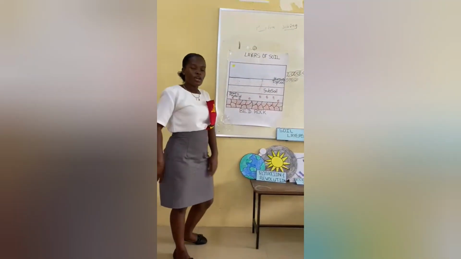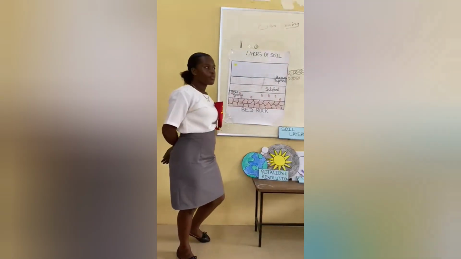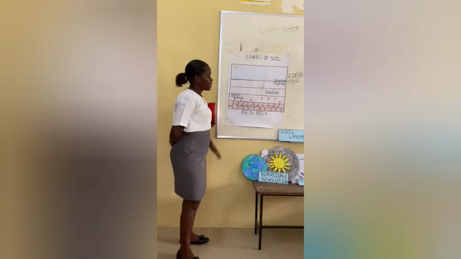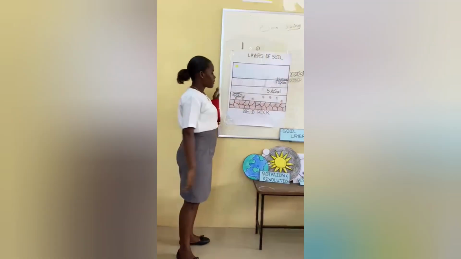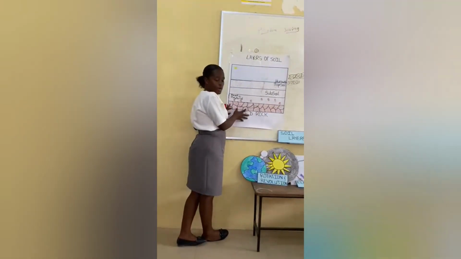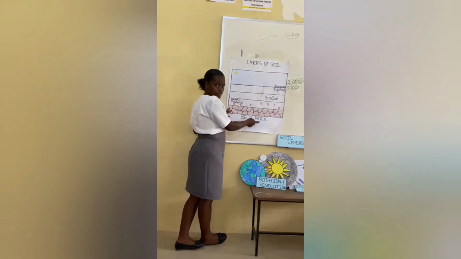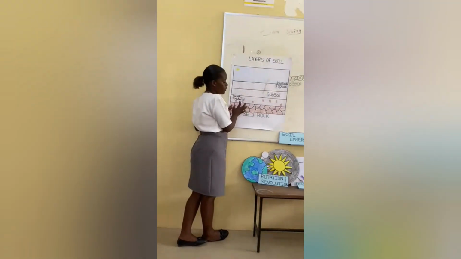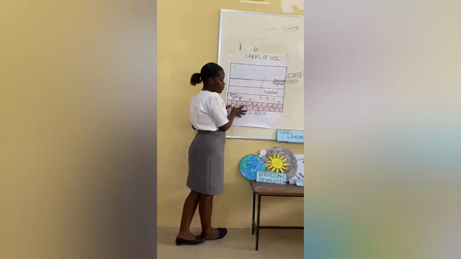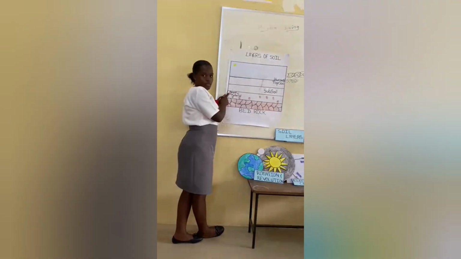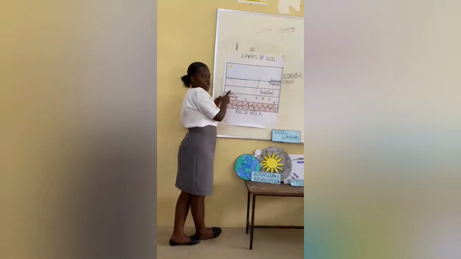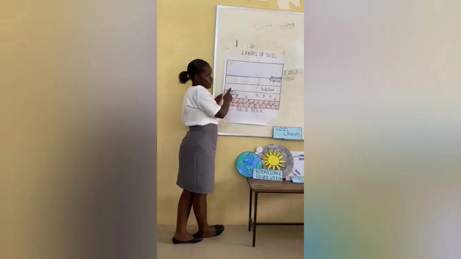Okay? First, today we'll be starting with the soil layers. This part, which is the first part, is the bedrock. Okay, this is made up of the big rocks and so on. Then the second part is the parent material. The third part, the subsoil.